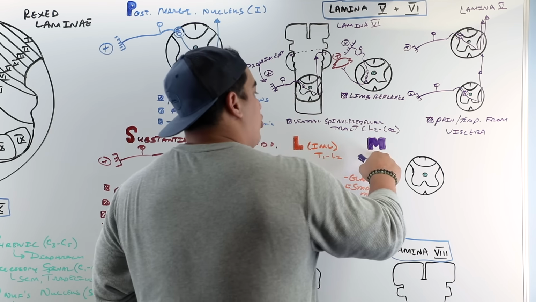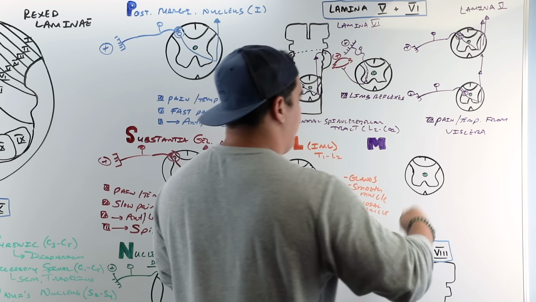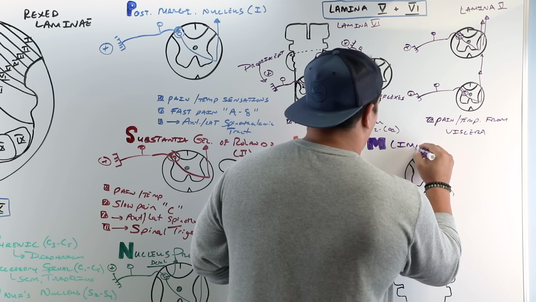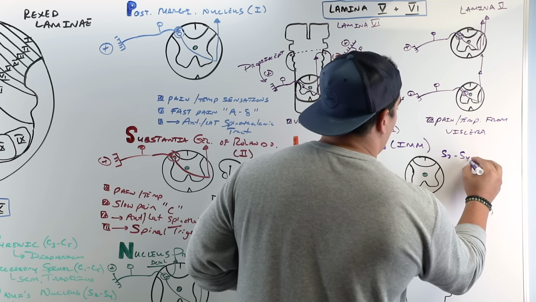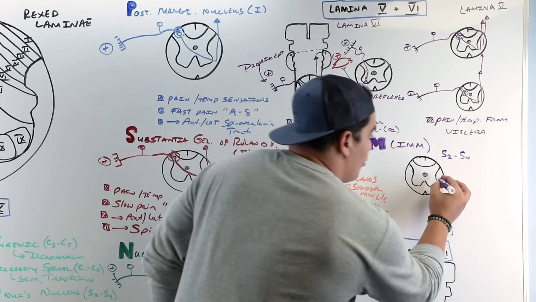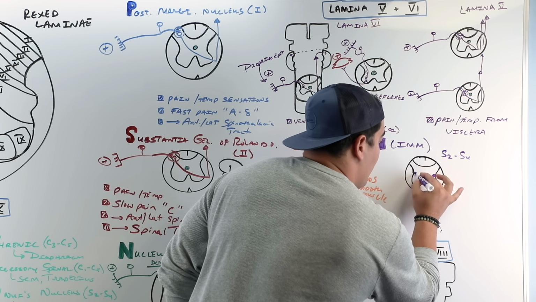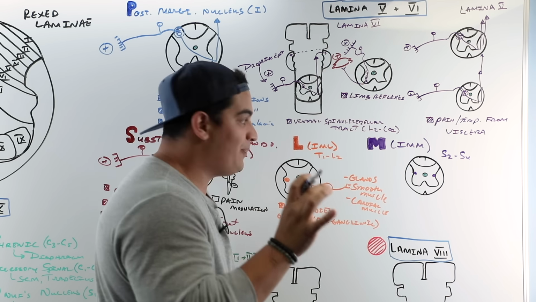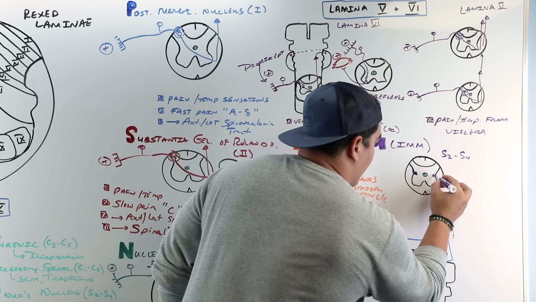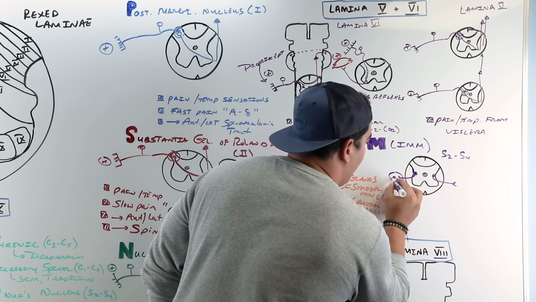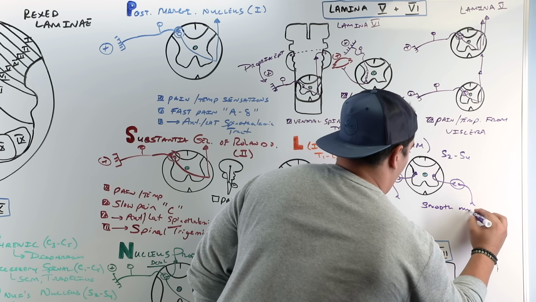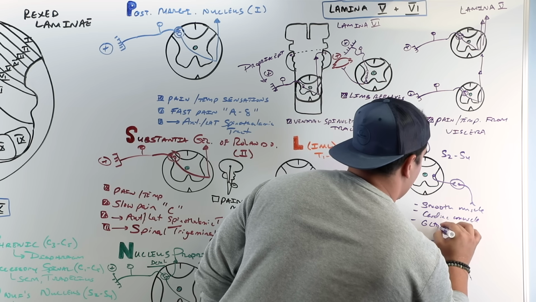We have the intermediomedial nucleus. We said that that is only present at S2 to S4. There's no lateral gray horn at S2 to S4. That's why we call it the intermediate zone. But there's nuclei here. And these nuclei are going to go to smooth muscle and glands.